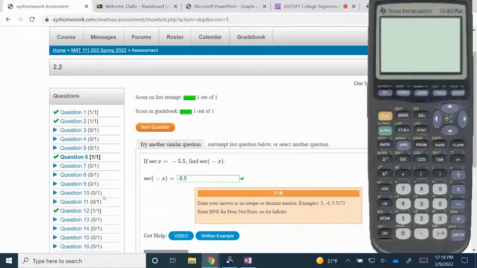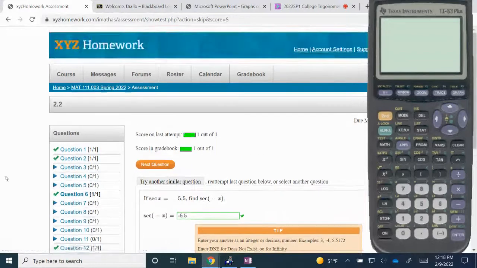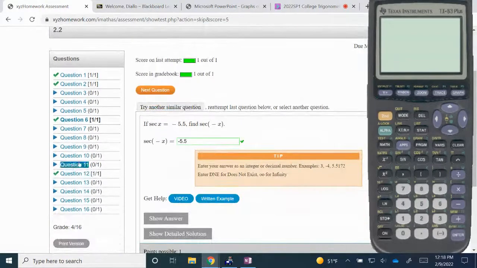All right. Now there are some questions that ask about vertical stretches. Let's see, I believe they were a little bit further down.